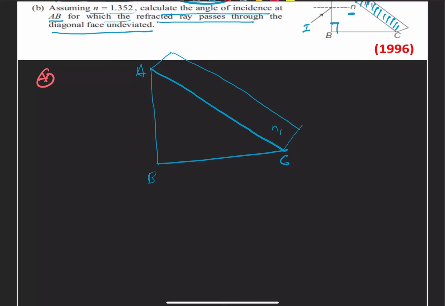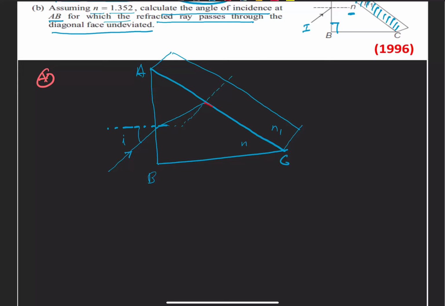The face ABC has a refractive index of n, and a light is incident to the normal in this direction. Let us suppose the angle of incidence it is making is I. Light travels from air into the higher refractive index, so it will bend towards the normal and strike the face AC. And here, suppose this is the normal, and it will try to go for the critical angle.